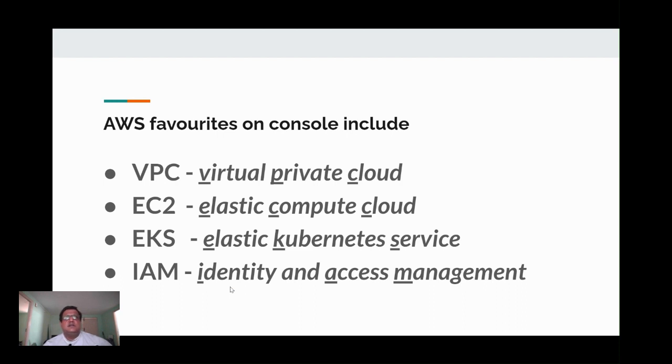AWS has much more capabilities here. You can have many more memory options. But too much information is also bad. So you have to move towards the CLI to spin up your machines rather than doing it on the web.